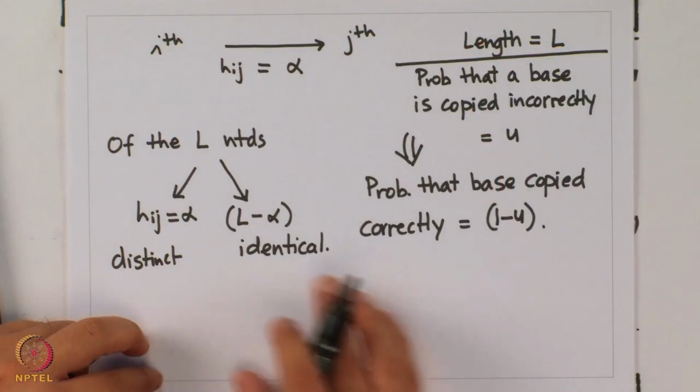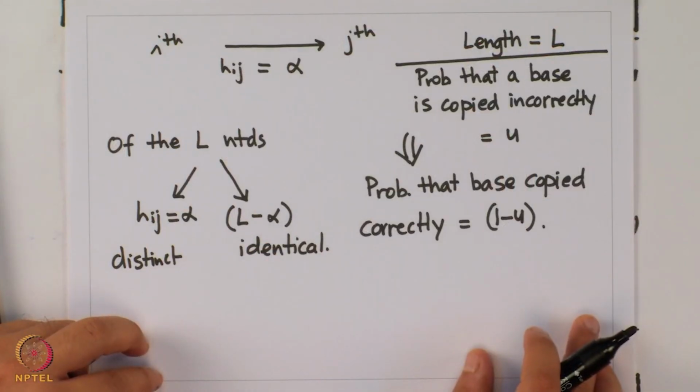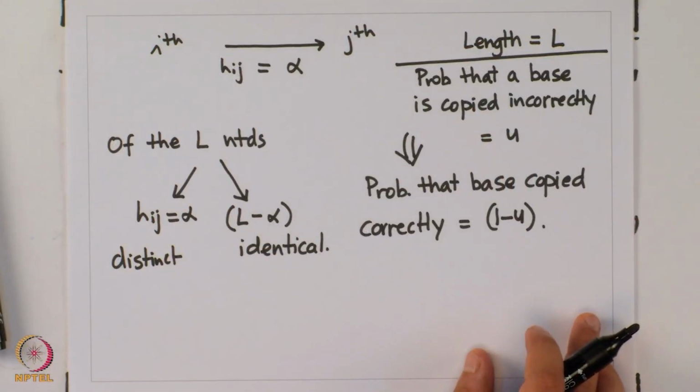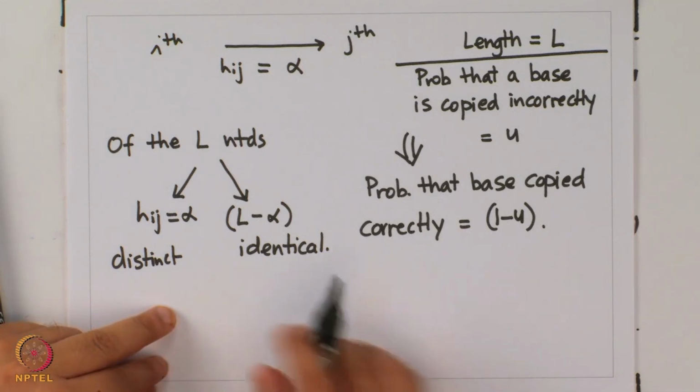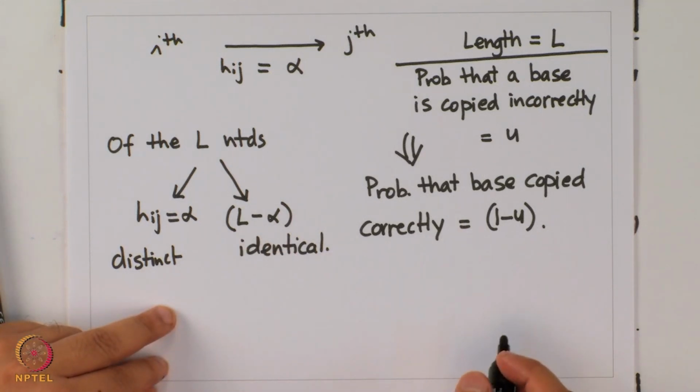If I is being replicated and the progeny is of sequence j, then the replicating machinery has to make errors at very precise locations so as to introduce the same errors which would convert sequence I into sequence j. So, we do know that of the total number of L nucleotides, L minus alpha have to be copied correctly.